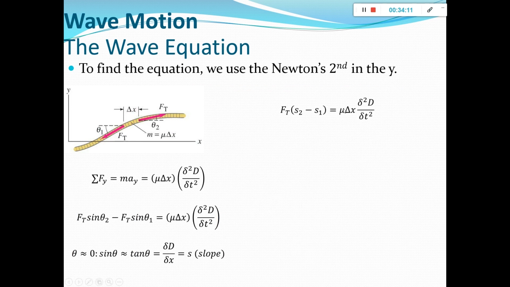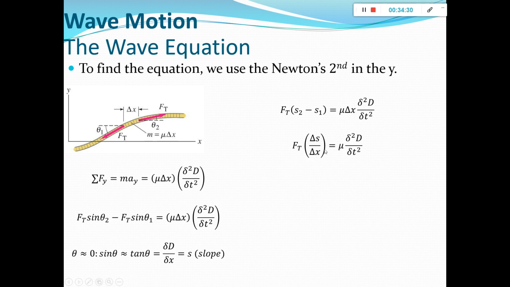All right. So what I can do then is just say, well, that's just slope 2 minus slope 1, just to combine and simplify things. We can divide this by delta x, and so we have a change in the slope over change in x.